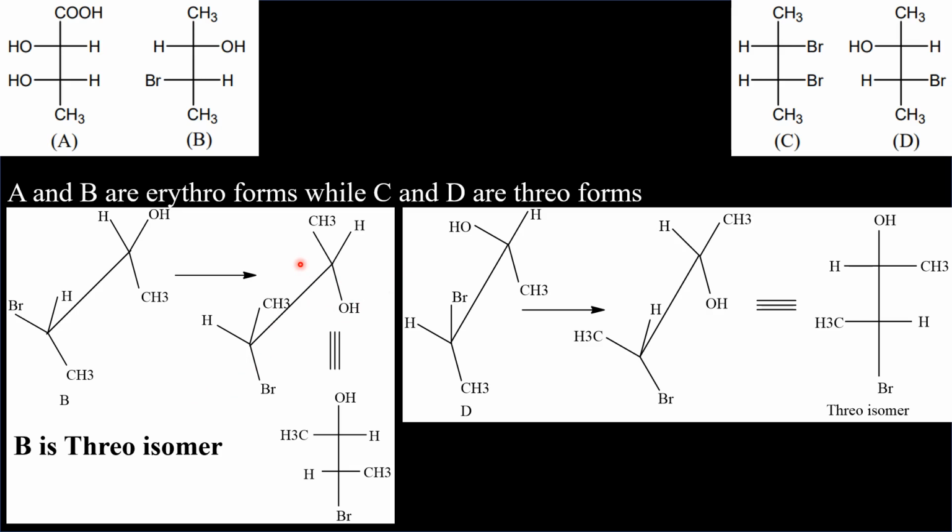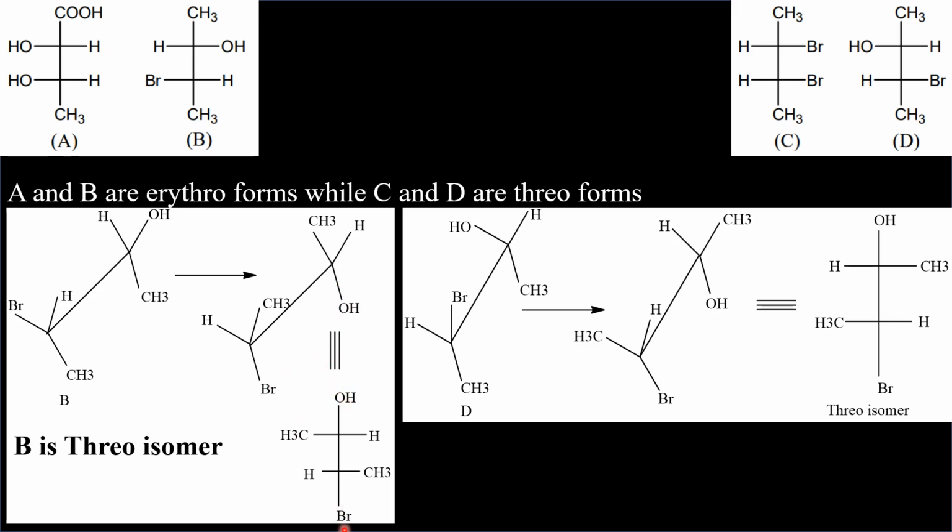Now convert this into the Fischer projection. While converting the Sawhorse to Fischer, always the groups which are shown at the bottom should be kept at the top and bottom of the Fischer projection. So this group in the front carbon should be at the bottom, and this group at the back carbon should be at the top.